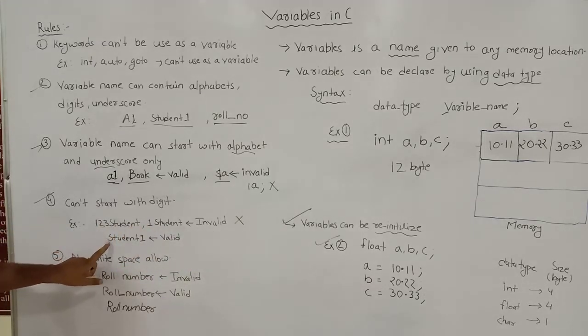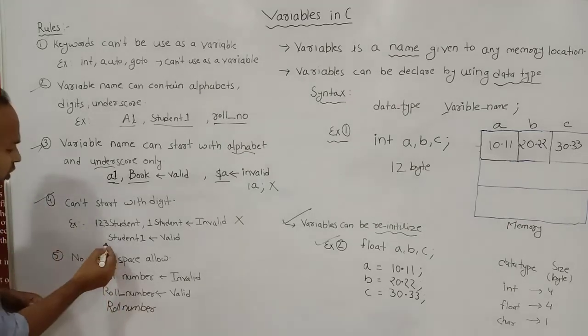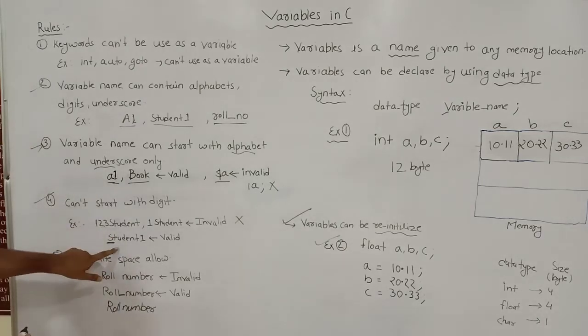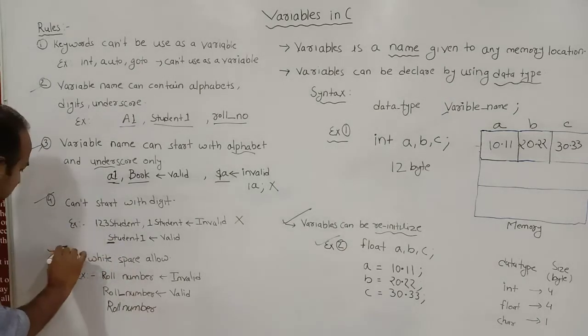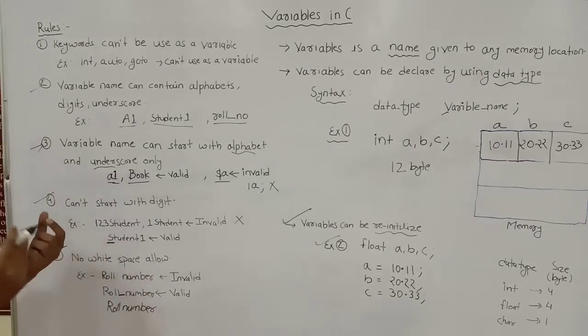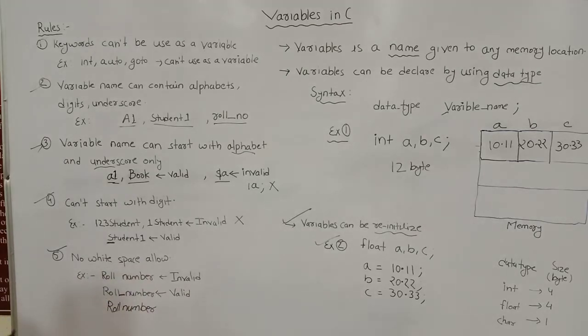But if you want to create a variable name with a digit, then first of all you have to use alphabets. So this is valid. Then one more point: no white space allowed. In a variable name you can't use white space. For example, roll number, this is an invalid variable name because there is a space between roll and number.